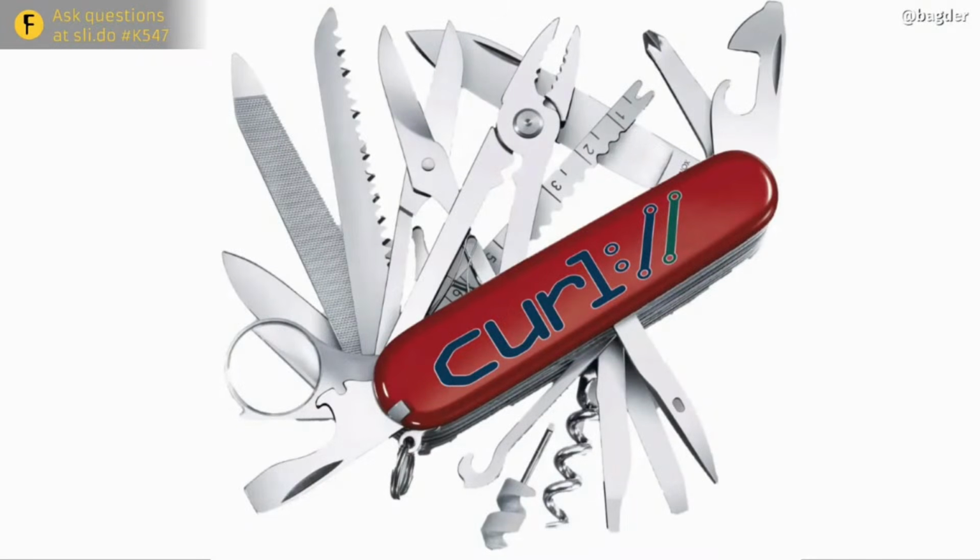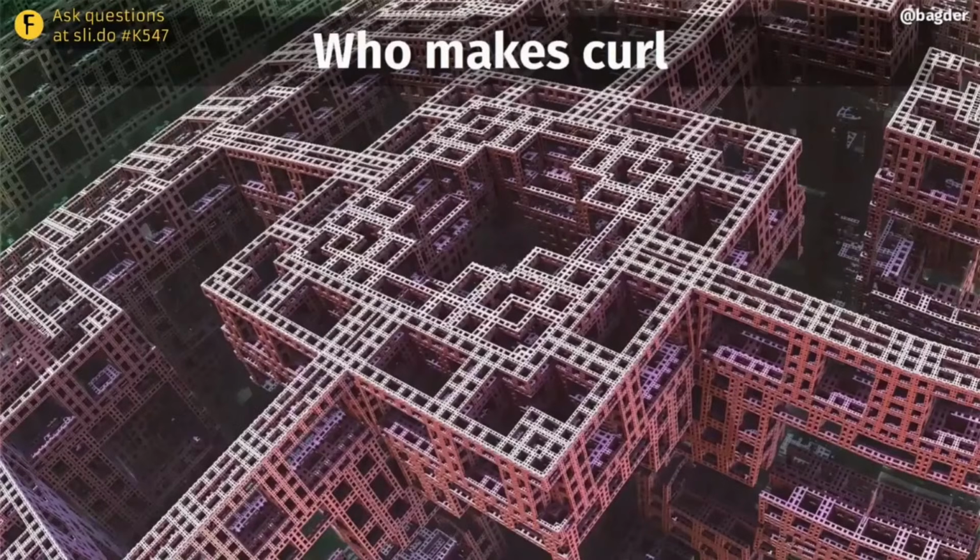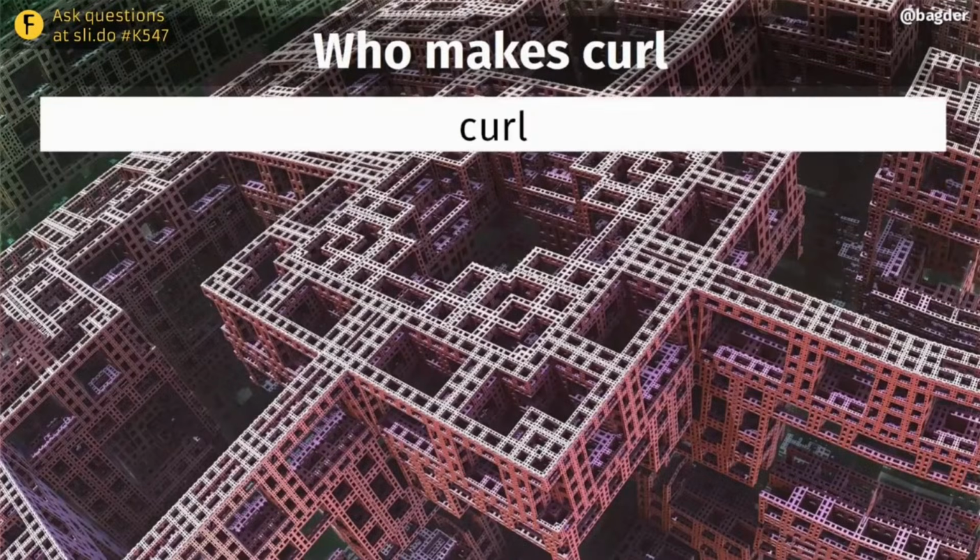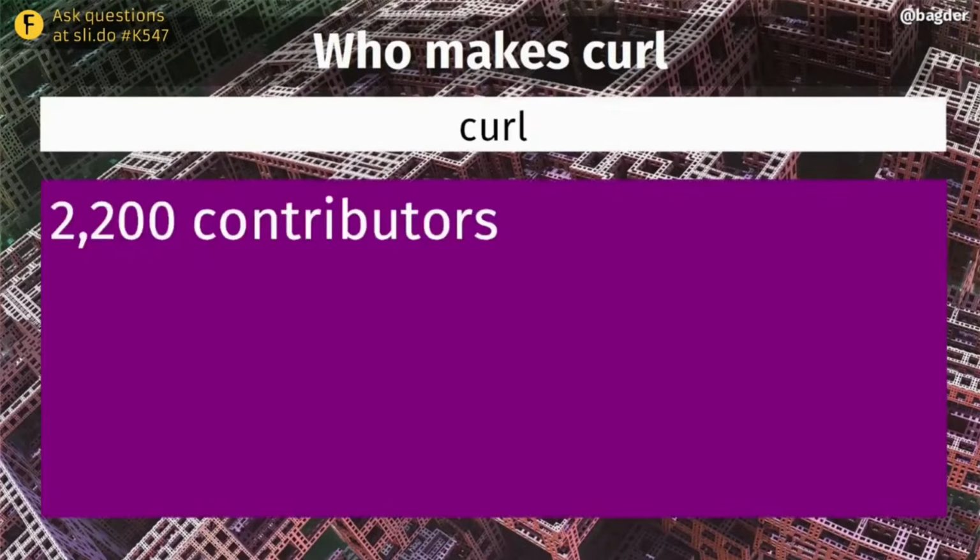But first, who makes curl, and how did it end up like this? Curl is pretty much the result of 2,200 contributors having helped out over the years. And helping out means basically anything: writing docs, reporting bugs, coming with code, stuff like that.